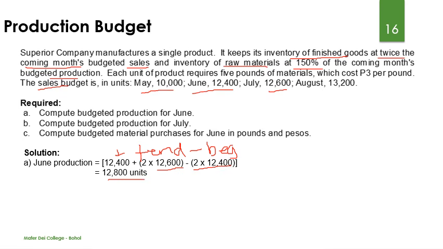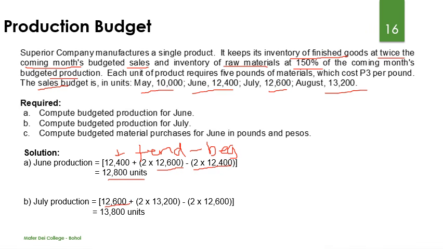How about for July? So the same process. We get the current sales requirement. So that's 12,600. And remember, twice the next month's budgeted sales. So the next month's budgeted sales is 13,200. So times 2.